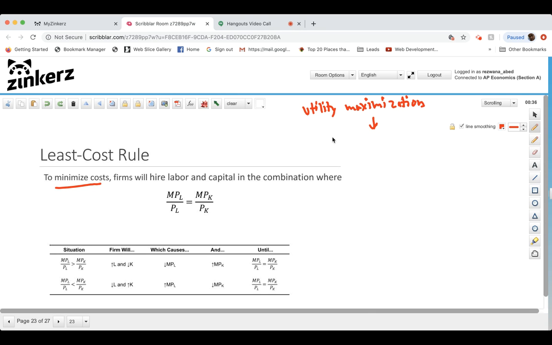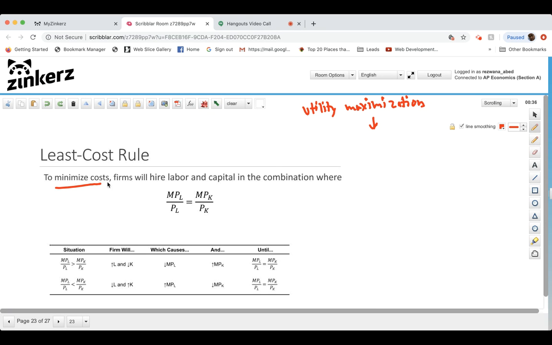And we had a formula for that, the utility maximization rule, and it's the same sort of principle here. It's just that rather than thinking of it from the consumer's point of view, where the goal was to maximize utility, here we're talking about how to minimize cost. If I can use both labor and capital in my production process, how much labor and how much capital should I use that will minimize my costs, essentially.